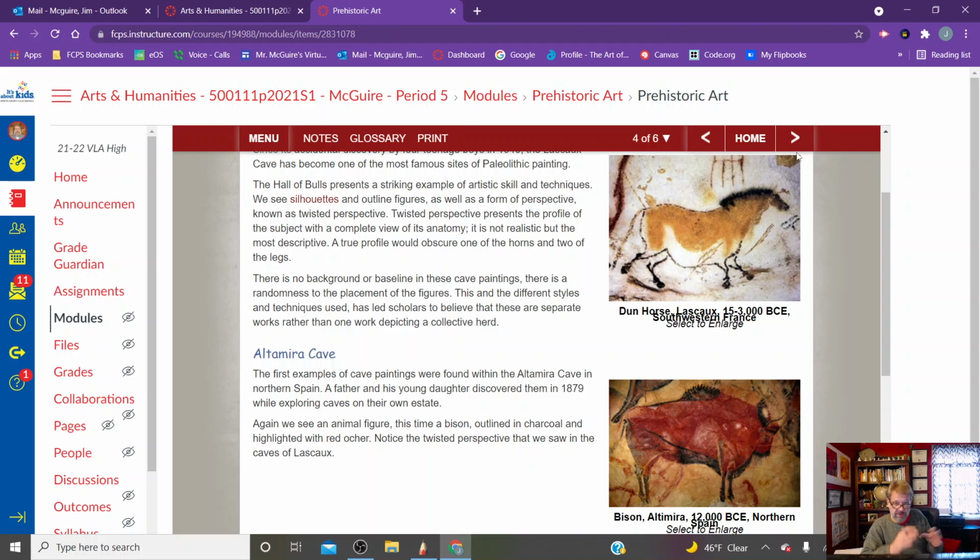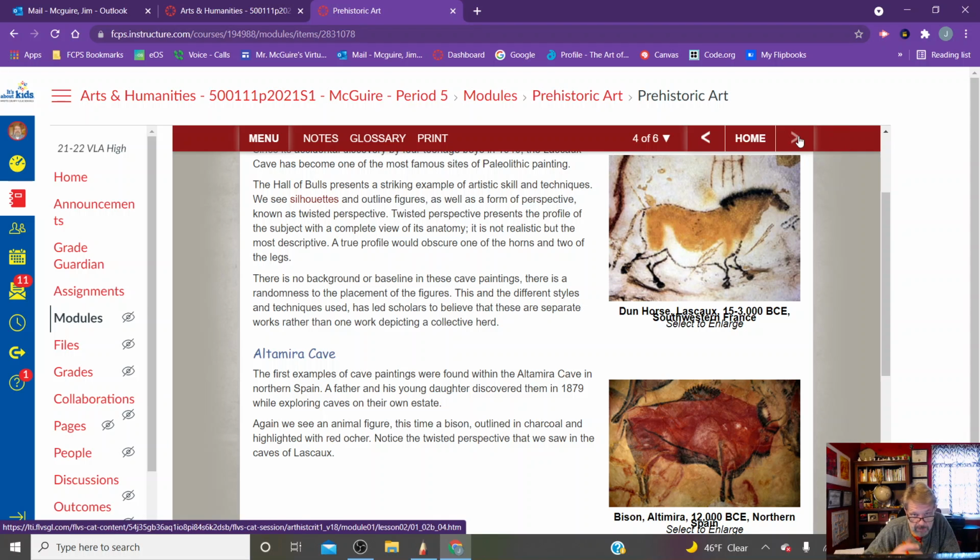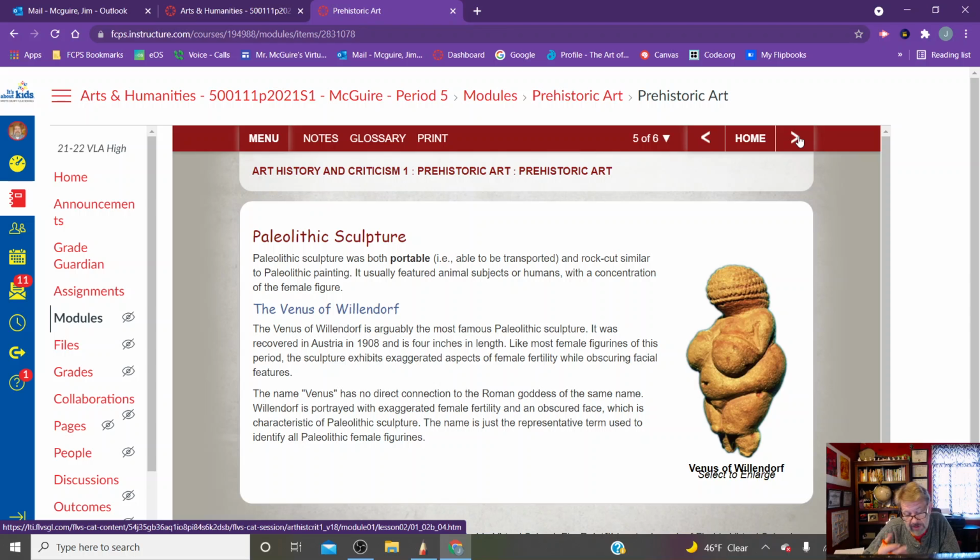There are some evolving theories about sort of the purpose of these paintings, but based on what your modules explain to you, you need to kind of understand what the purpose is generally understood to be, and who in the society often did those types of paintings and so forth. We're going to want to know about the Venus of Willendorf.